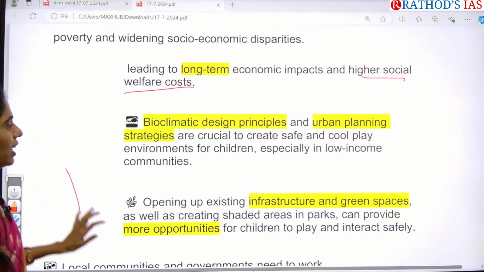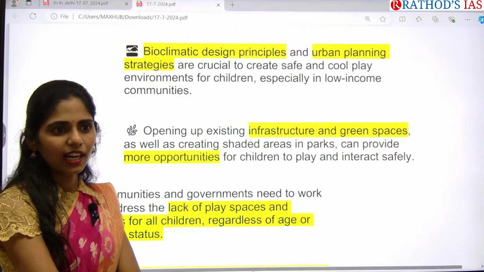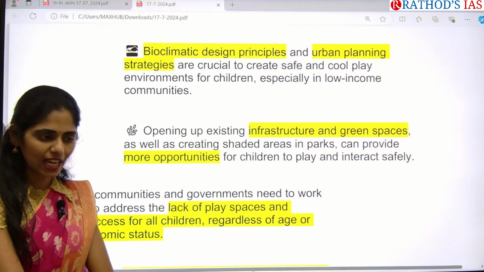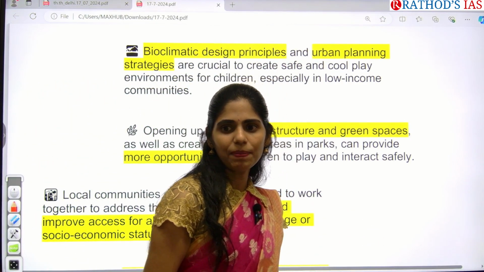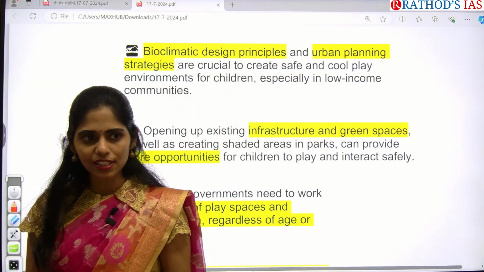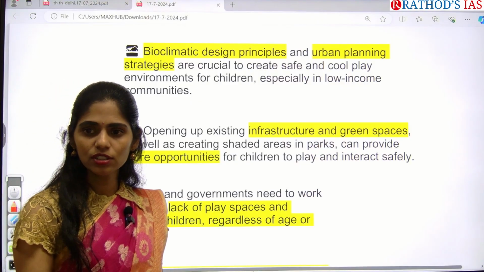Especially from the government side, it can take some steps like providing green spaces. For example, in cities, in every area we will have a park. In that park, they will try to provide some water facilities and greenery so that there will be less impact of heat on the children.